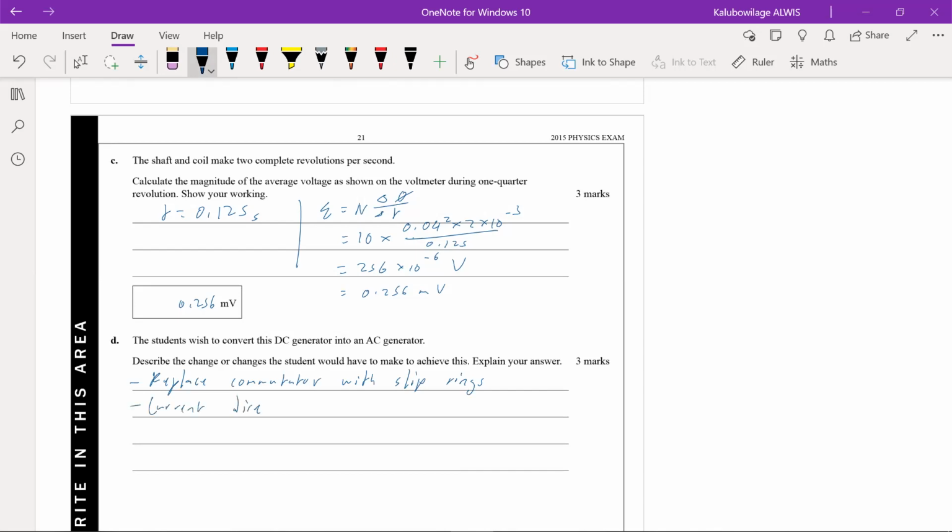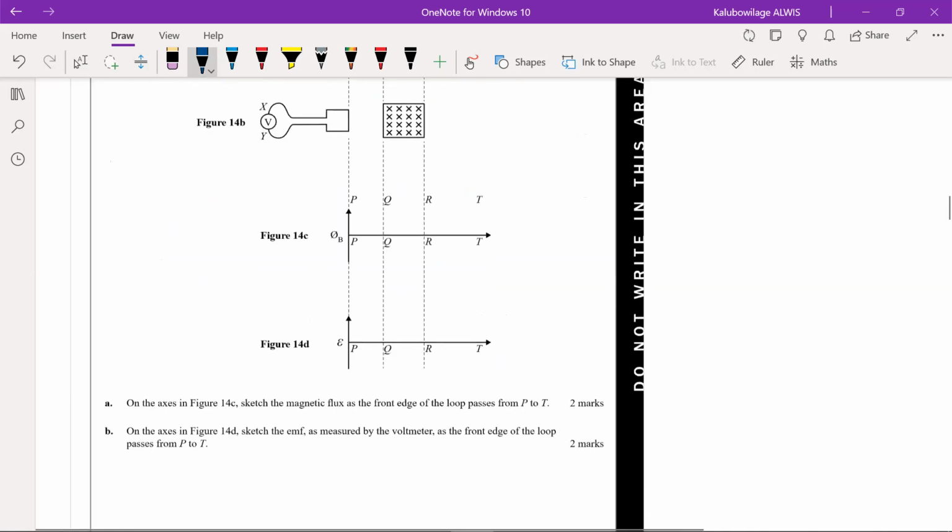The current direction is changed by the slip rings every half turn, providing an AC current.